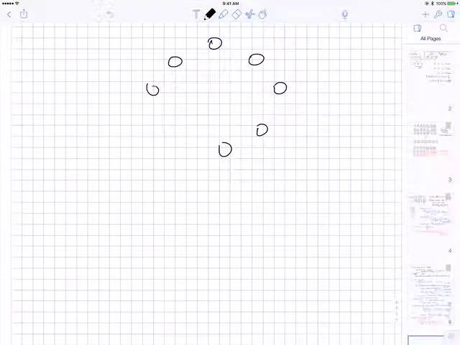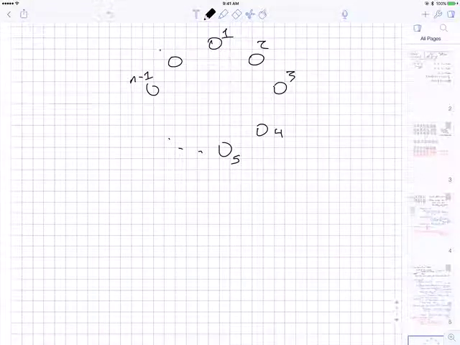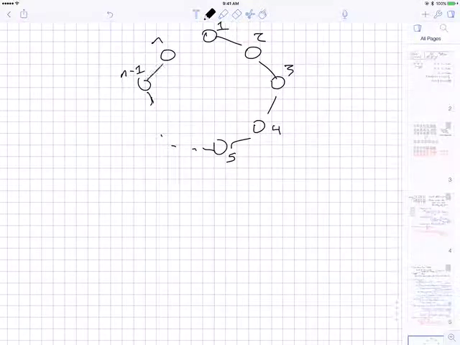So I have a network which is composed of a cycle of n nodes.